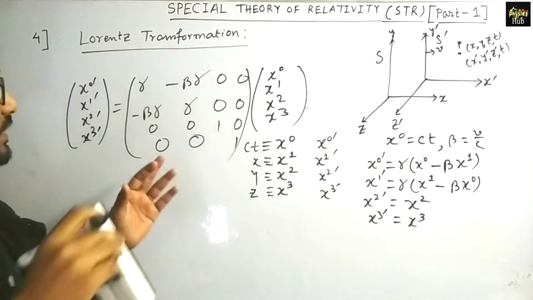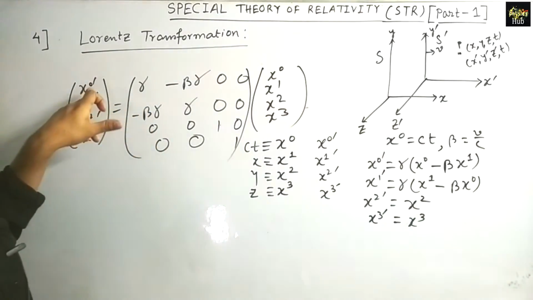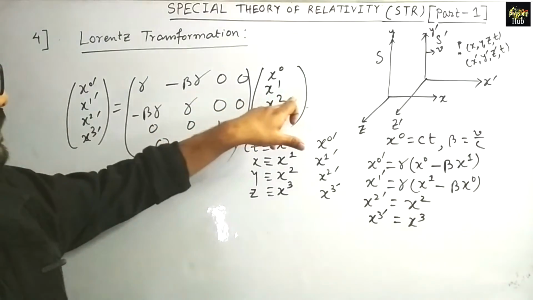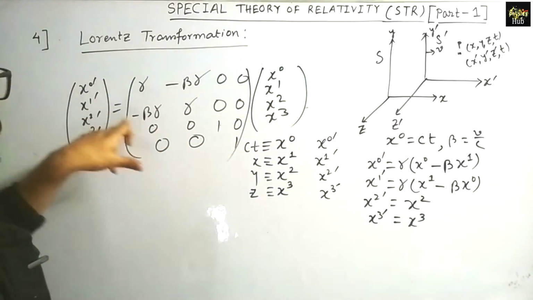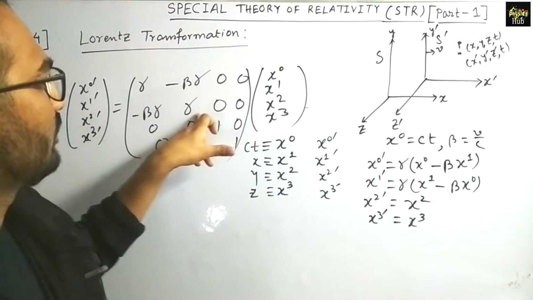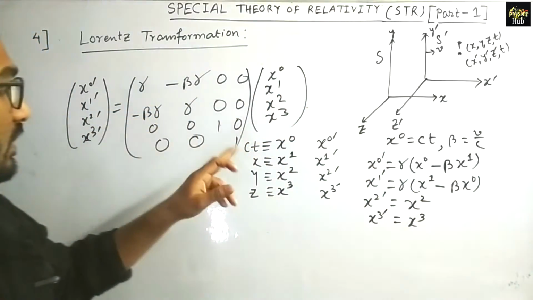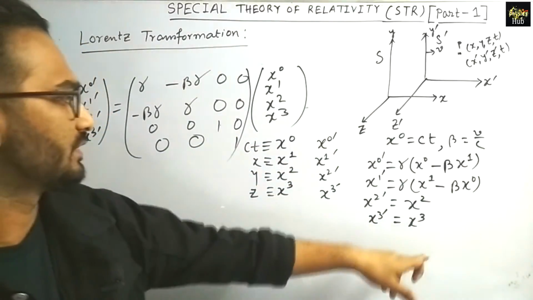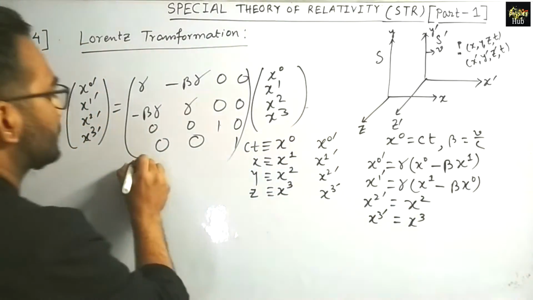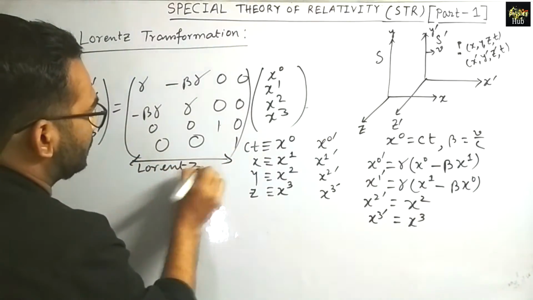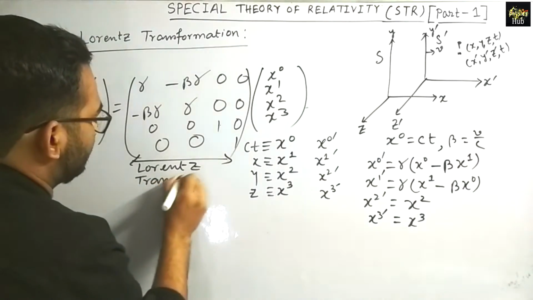You can cross check it. What it will produce is: x0 prime is gamma x0 minus beta gamma x1, and x1 prime will produce minus beta gamma x0 plus gamma x1. And x2 prime will produce x2, and x3 prime will produce x3. This matrix is called the Lorentz Transformation matrix.